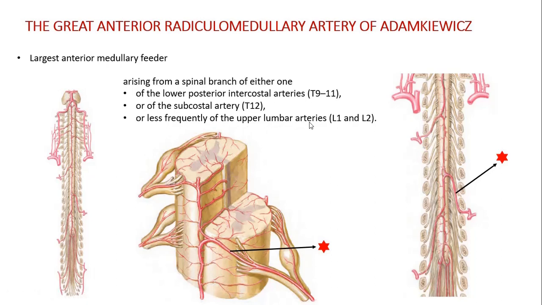It mostly arises on the left side, which is shown in the picture, and on reaching the spinal cord, it sends a branch to the anterior spinal artery and another to anastomose with the ramus of the posterior spinal artery, which lies anterior to the dorsal roots, that we will be seeing later. It may be the main supply to the lower thirds of the cord. Here is the lower third of the cord, which is shown within the blue box.